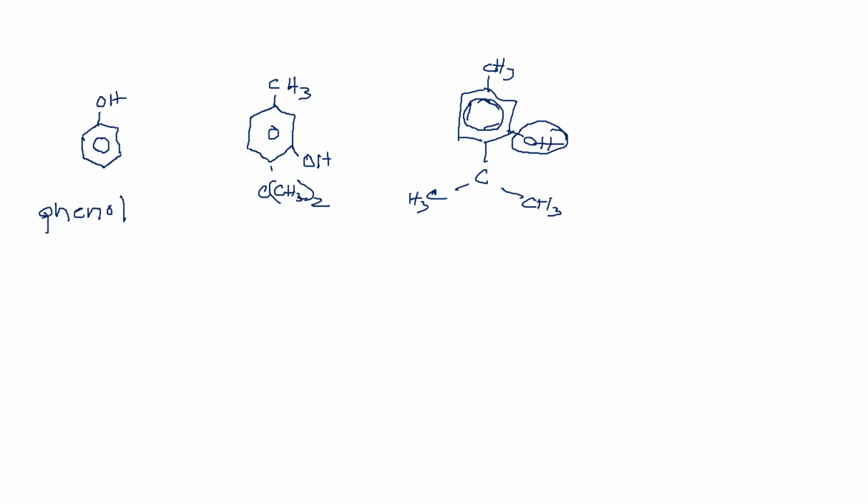All right, let's go on to the next group of compounds. And these compounds look like this. They have an oxygen in the middle and alkyl groups on either side of the oxygen.